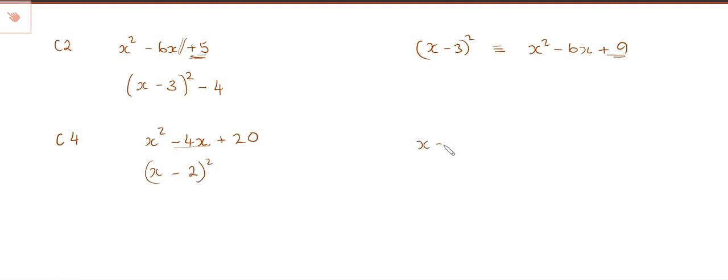Take that over here, x minus 2 all squared is exactly the same as x squared minus 4x, which is good, but plus 16. Now I'm at plus 16, but I need to be at plus 20, so I actually need to add 4. So that's an important one, just to show you that we don't always subtract to complete the square.